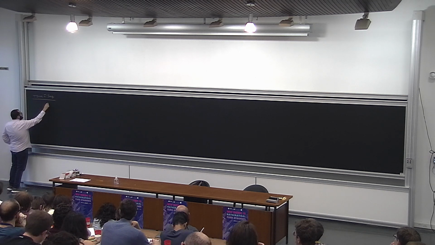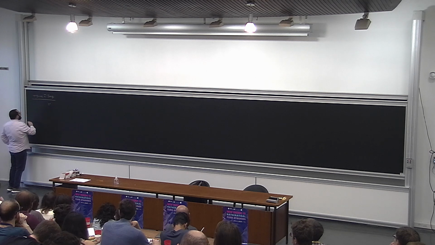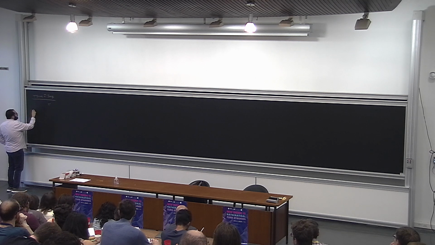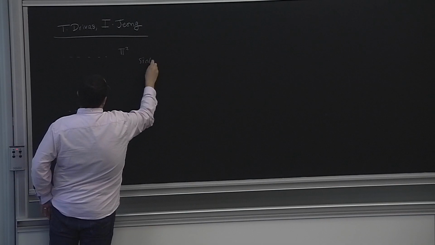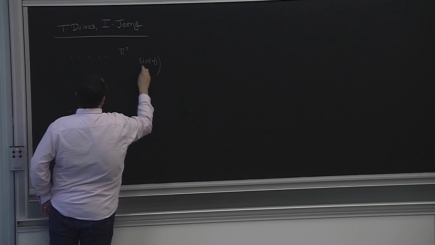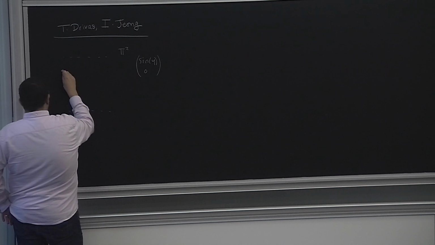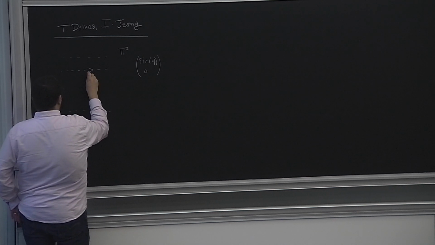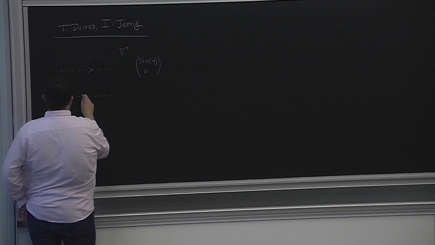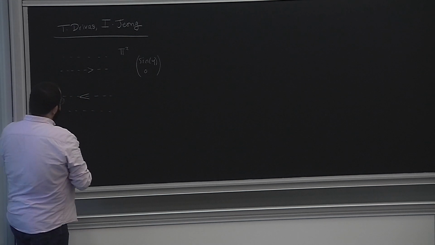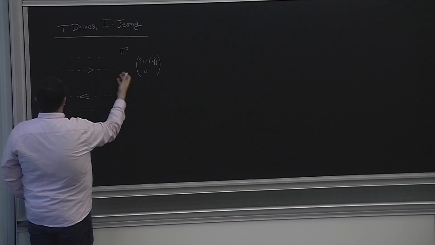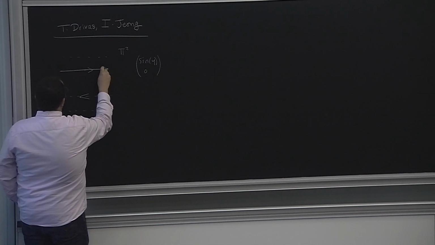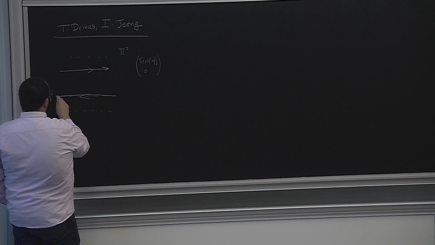So if you're on the torus and you take the velocity field sine of y comma 0, it has these two streamlines, right? One that's pushing to the right and one that's pushing to the left.